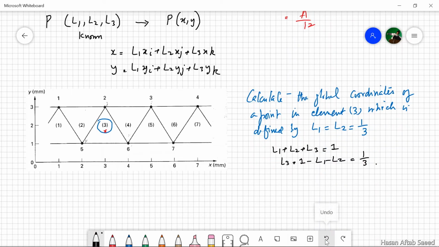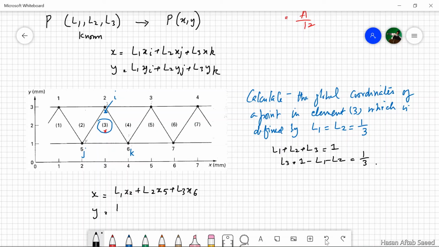X coordinate for this point, which is a global coordinate, taking node 2 as the I node. This is node I, and this becomes node J, and this becomes node K. So it means L1 x2 plus L2 x5 plus L3 x6.